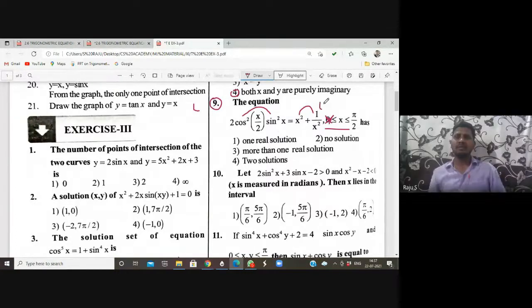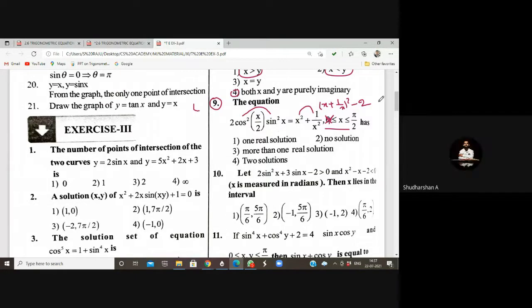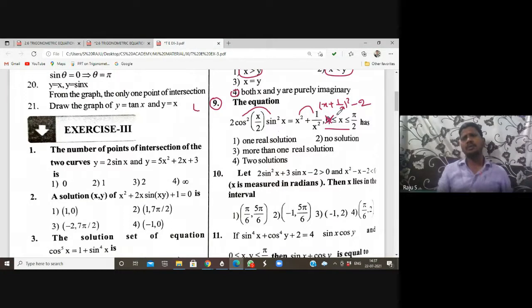We can write this as x plus 1 by x the whole square minus 2. The left side is positive, cos square and sin square should not be negative.